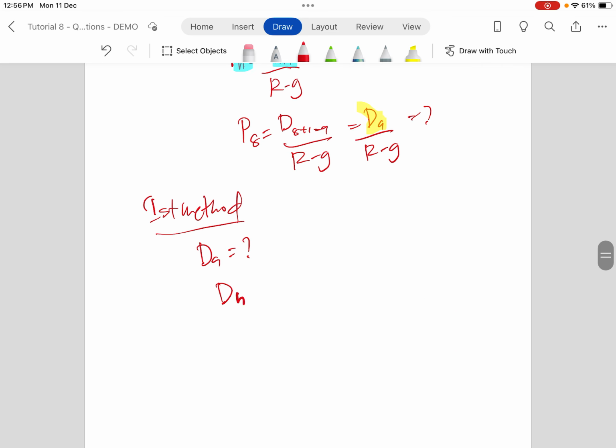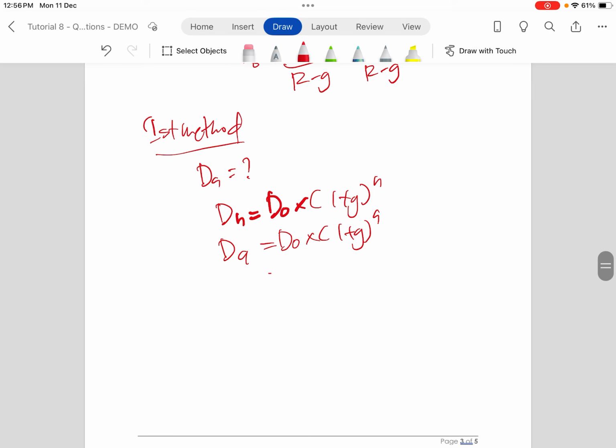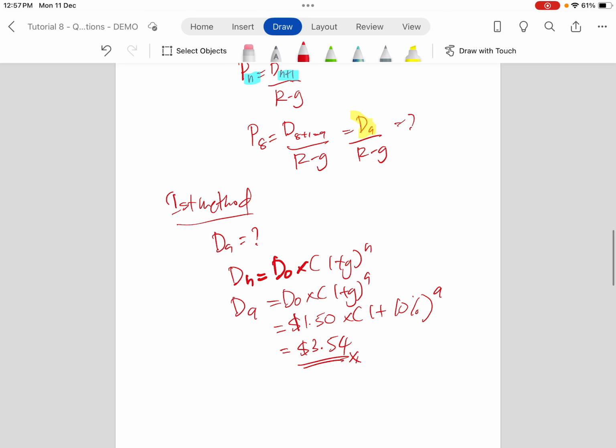Dn equals D0 times 1 plus g power n. So for D9, D0 just now is 1.50, multiplied by 1 plus the growth rate of 10%, power 9. It will be 3.54.